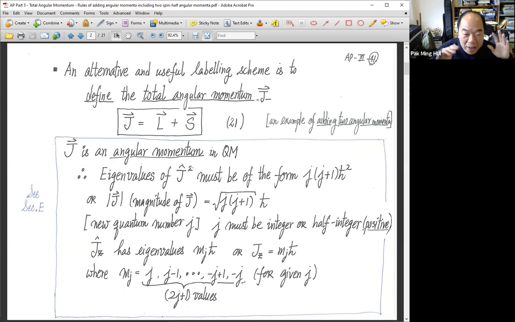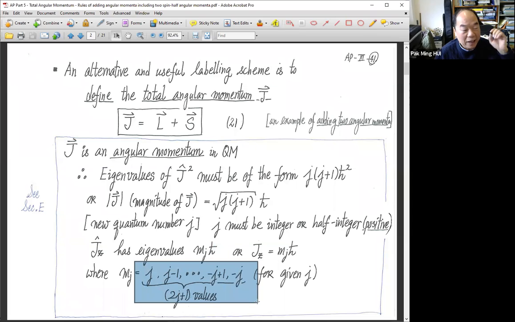Nice. Immediately, we can copy results through. We know that whatever this turns out to be, J square must take on eigenvalues of this form. And this number can only be integer or half integer, and must be positive. Once a J is decided, Mj can only take on 2J plus 1 values.